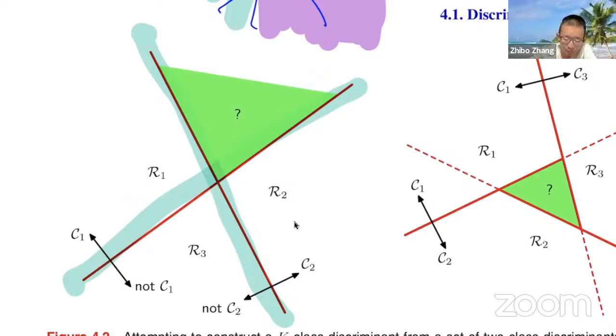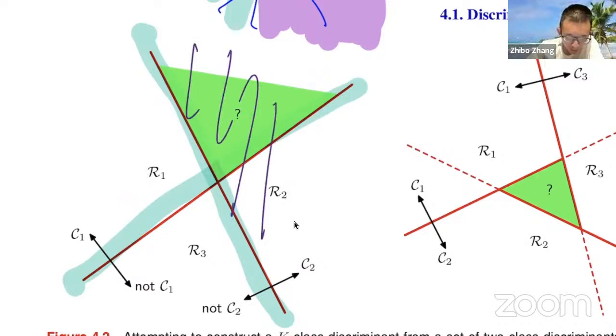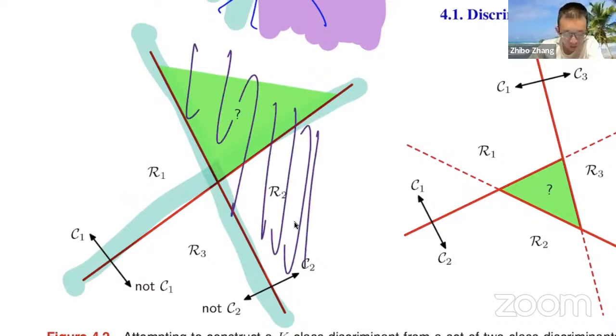Let me try to draw it. This part is going to be C2, and this part is going to be C1.